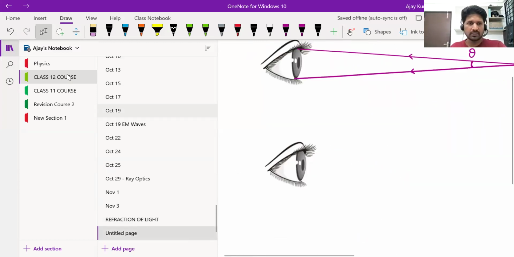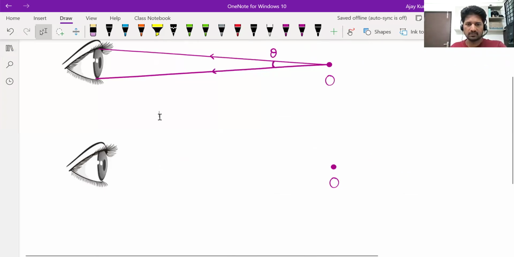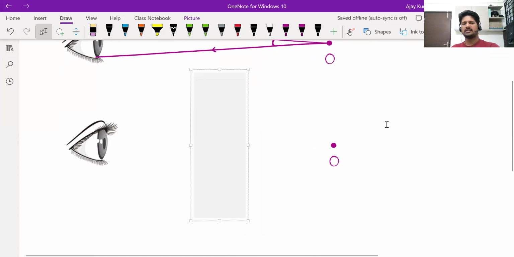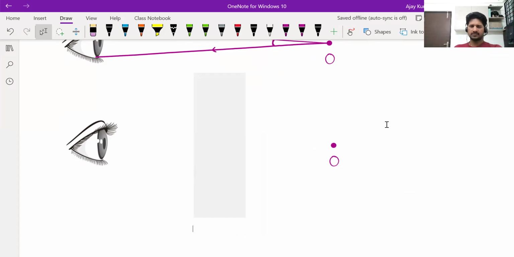Glass is also a medium which allows light to pass through it, obviously. So let's say we introduce a glass slab of significant width between the object and the eye. Now the object will still be seen by the person because glass allows light to pass through it. Light from the object will pass through glass and enter into the person's eye.